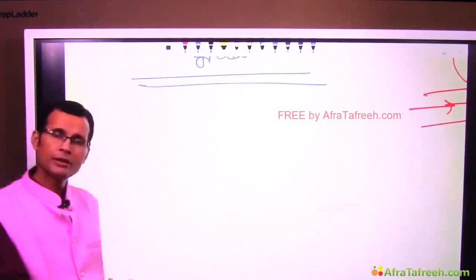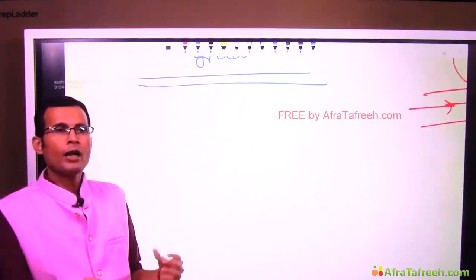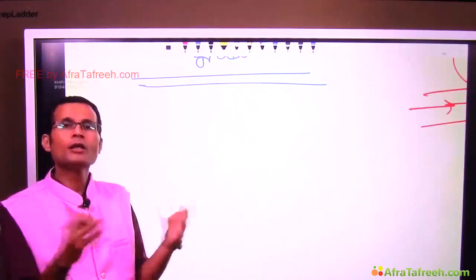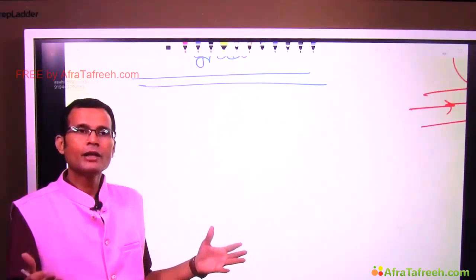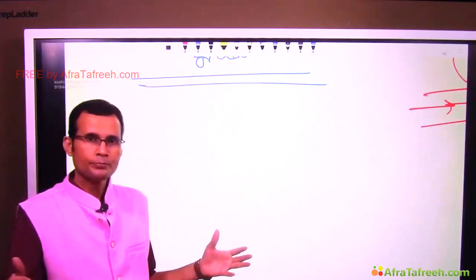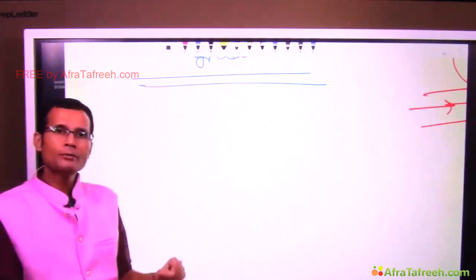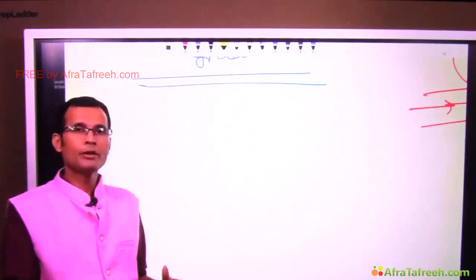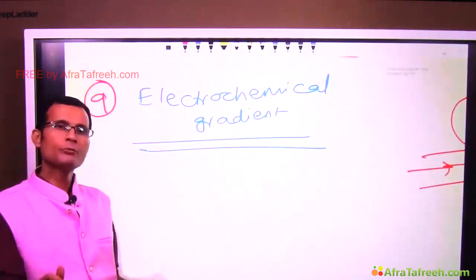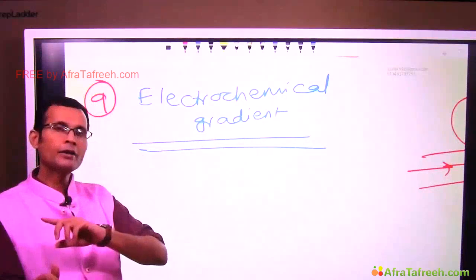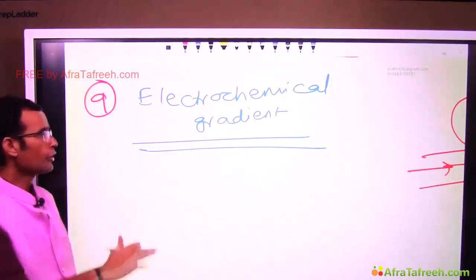Why I mentioned epithelial cells is because epithelial cells are said to be polar cells with charges lined up on one side of the cell, and in that case the transport of ions is driven by electrochemical gradients. So this is a very important factor. We will consider it later when we discuss the kidney and renal tubules and transport of substances for reabsorption.